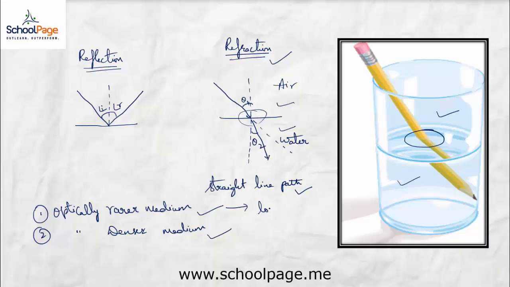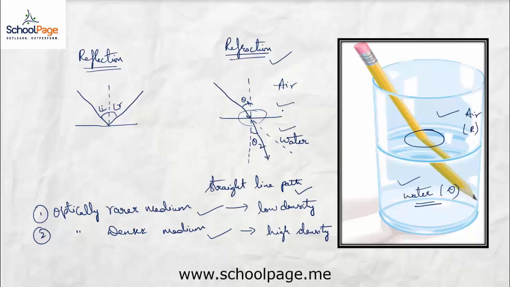A rarer medium has low density, whereas a denser medium has high density. So here in case of air and water, water has higher density than air. So air is rarer and water is denser.